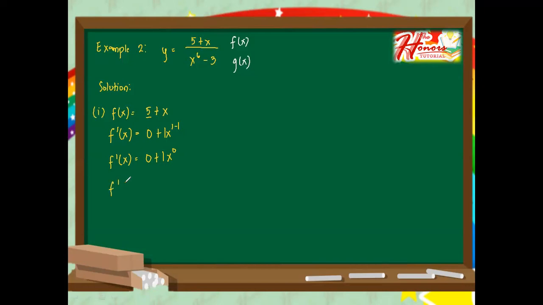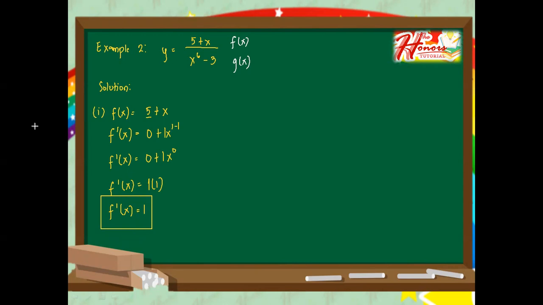And then f prime of x is equal to, let's eliminate 0 and have 1 times 1. 1 times 1, because when a term, a variable or a number is raised to 0, then it is equal to 1. So f prime of x is equal to 1. So this is the value of the derivative of f of x.